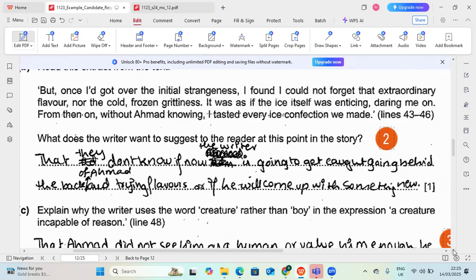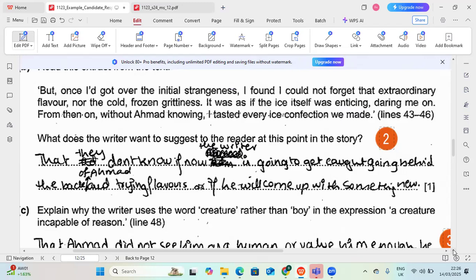"But once I had got over the initial strangeness, I found I could not forget the extraordinary flavor. Note the cold, frozen grittiness. It was as if the ice itself was enticing." The ice was enticing me, cheering me on, pushing me on, motivating me again and again, that without Ahmed knowing, and without bringing it to the notice of Ahmed, I tasted every ice confection.